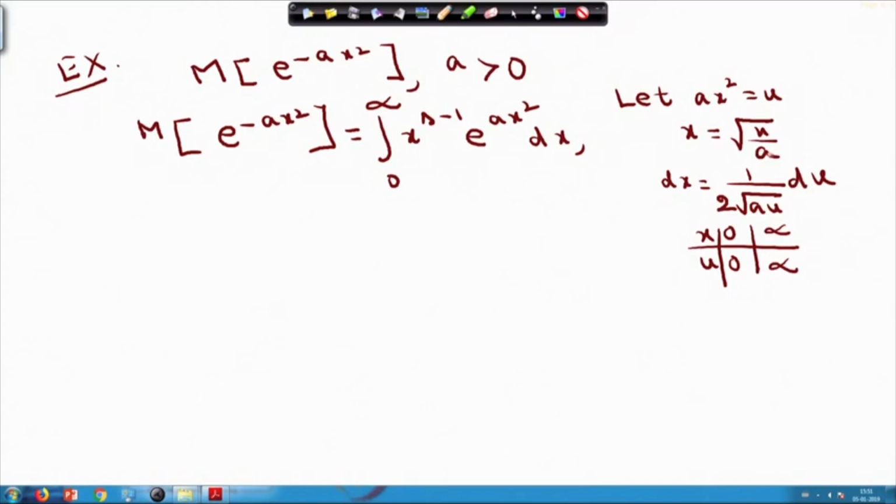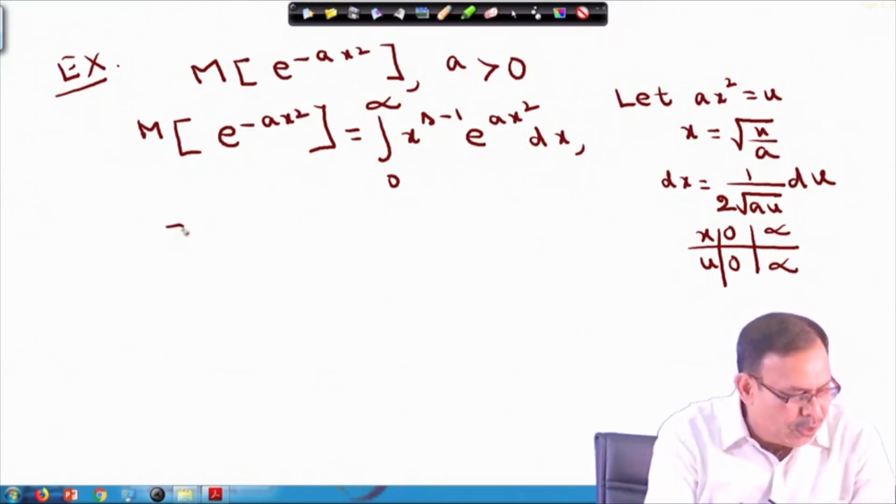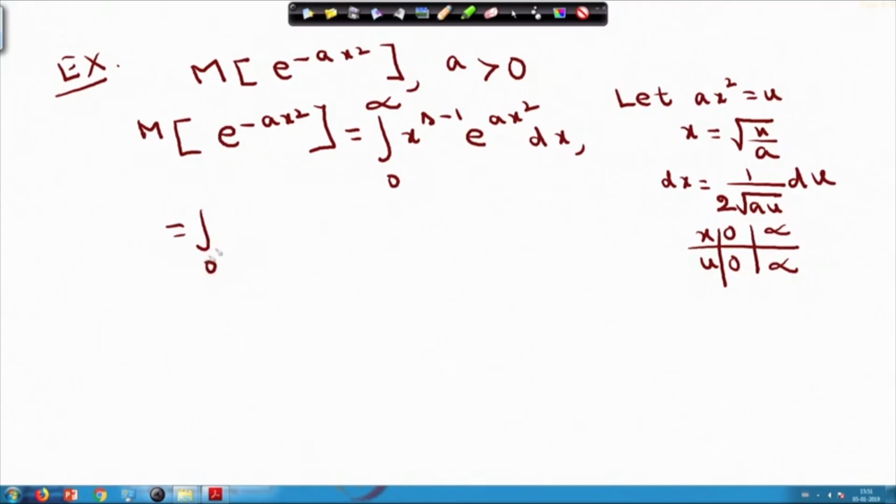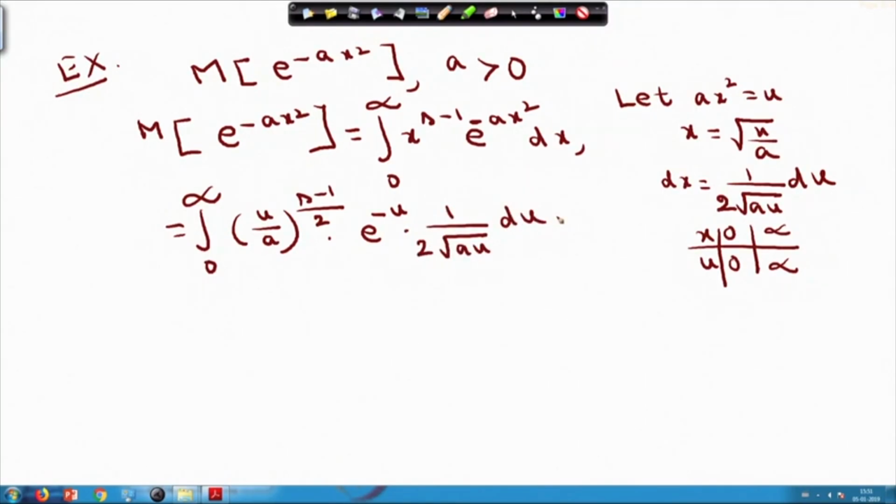So, by the substitution a x square equals u, you can write this integral as 0 to infinity, the limits remaining the same, u by a to the power s minus 1 by 2 into e to the power minus u, and dx is 1 by root over 2 a u into du.